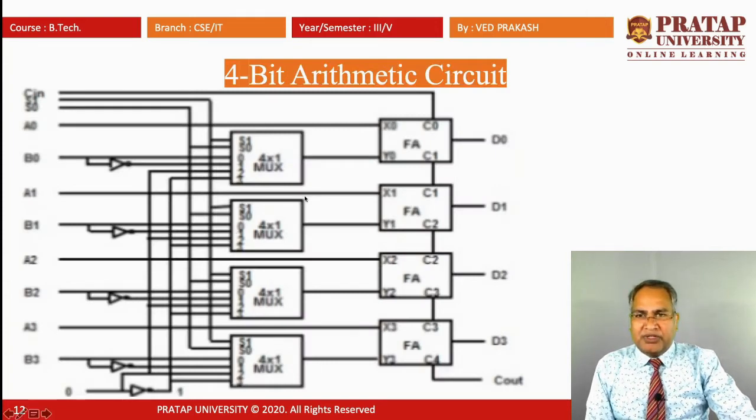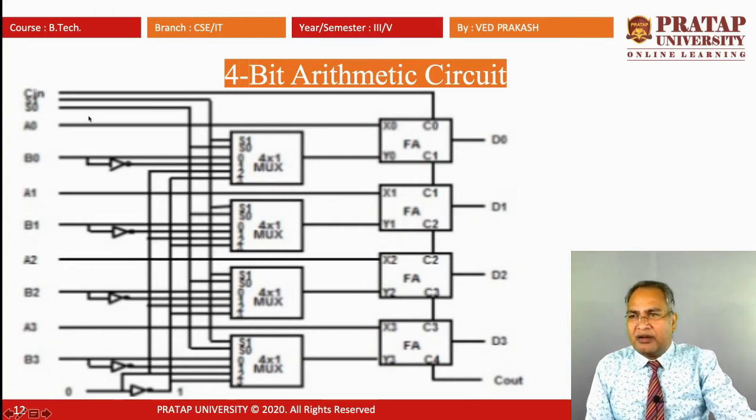Now except for this, we are going to design a 4-bit arithmetic circuit which can perform all arithmetic operations. Why do we call this circuit a 4-bit circuit? Because it produces a 4-bit output. Due to this, it is a 4-bit arithmetic circuit.